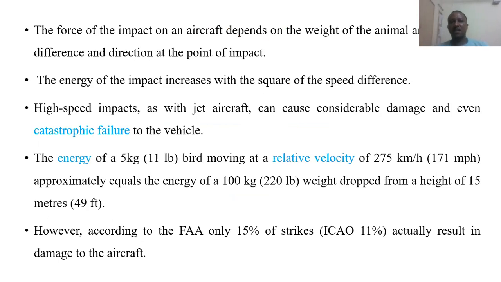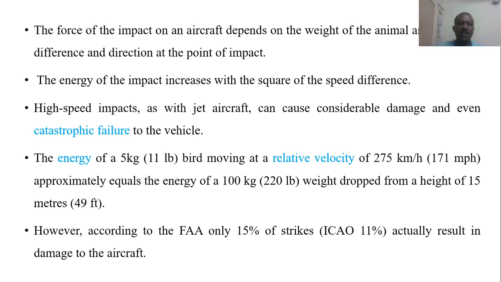The force of impact on the aircraft depends on the weight of the animal, the speed difference and the duration at the point of impact. The impact energy increases with the square of the speed difference. A high speed impact on a jet aircraft can cause considerable damage and even catastrophic failure to the vehicle.